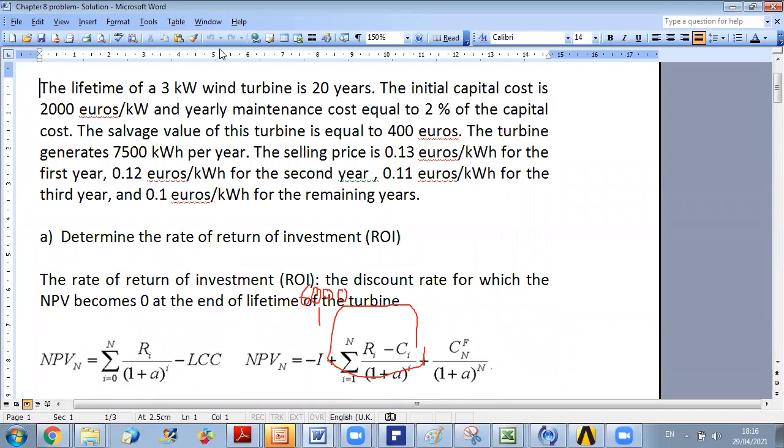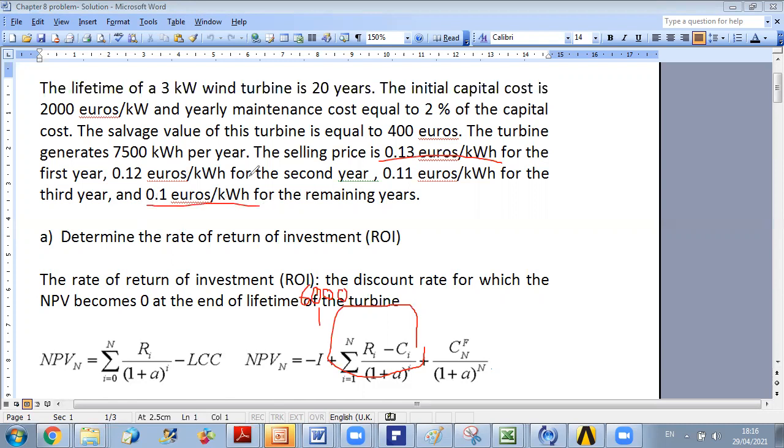First, they told us that for the first year, the selling price will be 0.13 euros per kilowatt hour, and after the second year it will be reduced a little bit, and at the end it will stabilize. After 3 years it will become 0.1 euros per kilowatt hour.